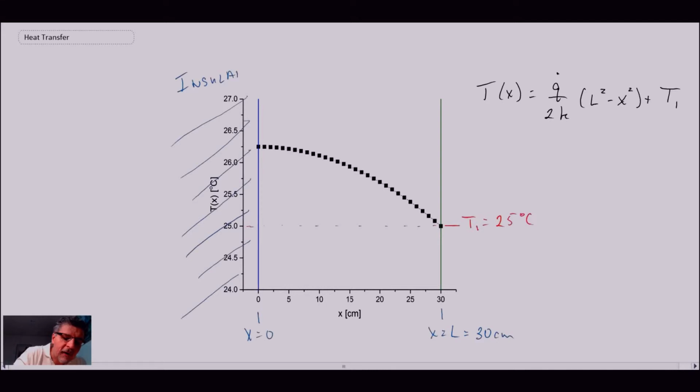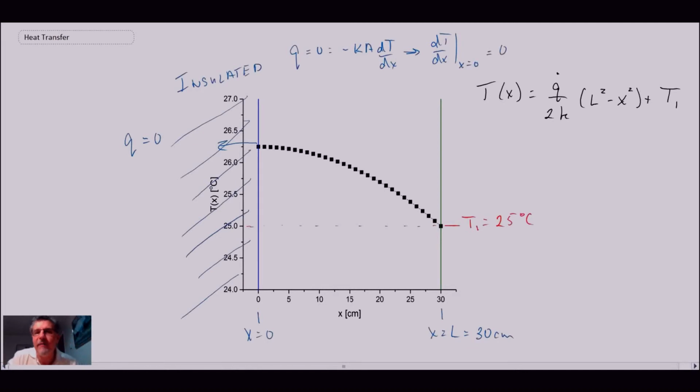If you recall, when we derived the equation, we said that if the wall is insulated, that means that q is equal to 0 in this direction. So if q is equal to 0, through Fourier's law, that tells us that dT/dx at x equals 0 is equal to 0.